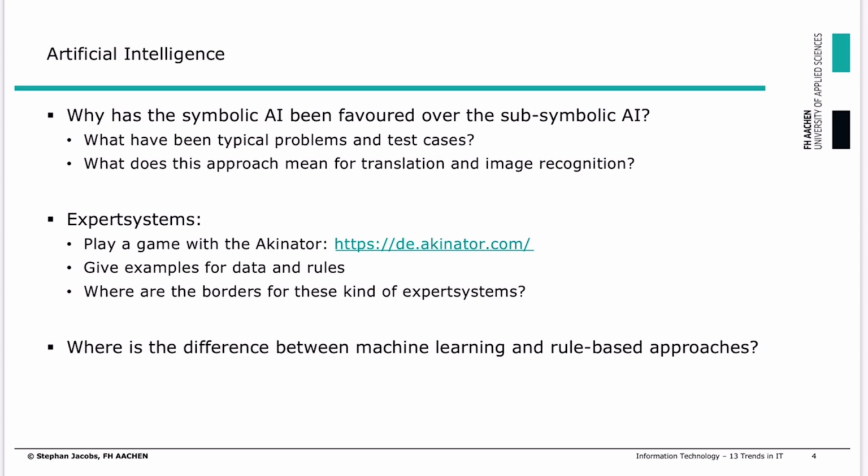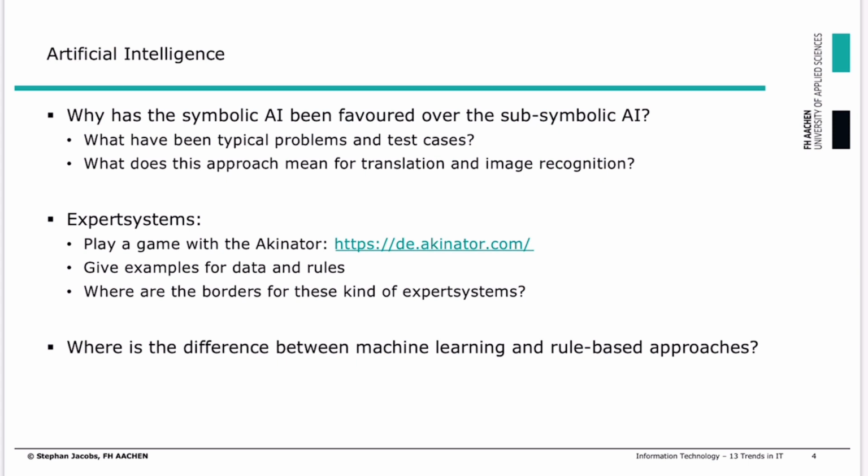Where are the borders of these kind of expert systems? Yeah, that's quite hard. If you, for example, take translation, then it is very hard to define rules for translating. Yes, you can say that a certain word in English corresponds to a certain word in German, but there are often some kind of meanings, there are exceptions, and so on and so on.